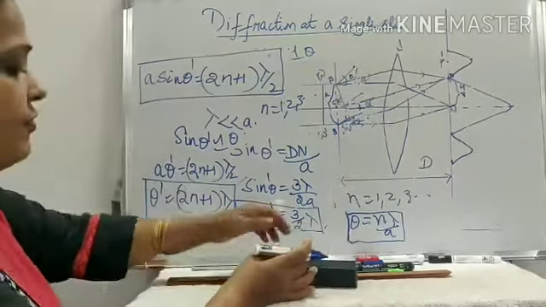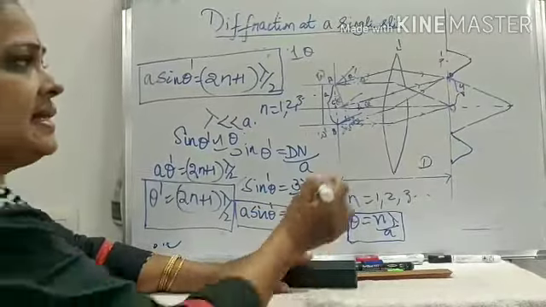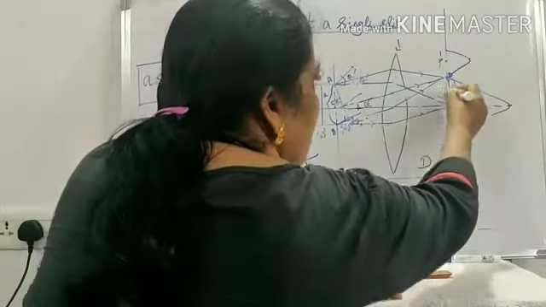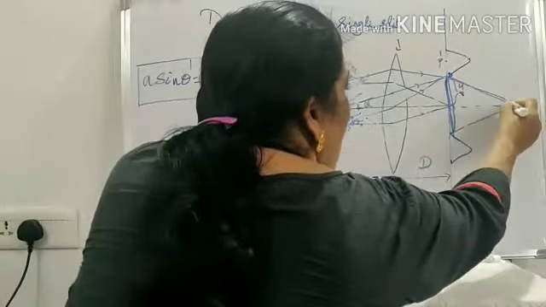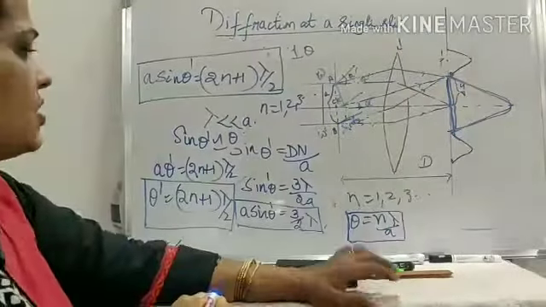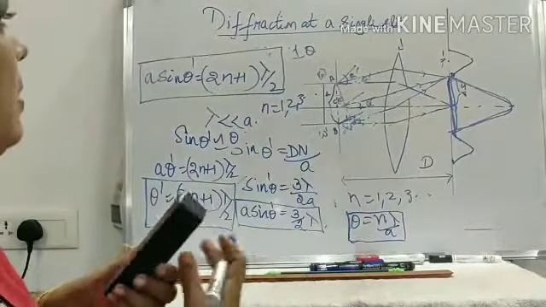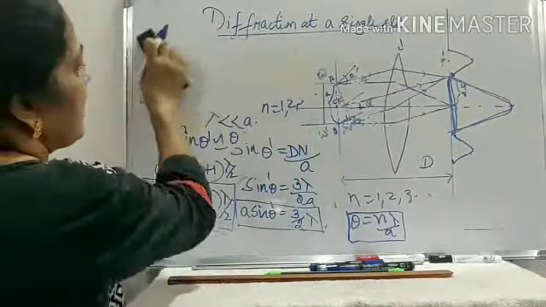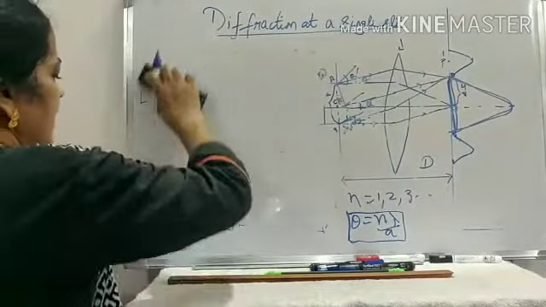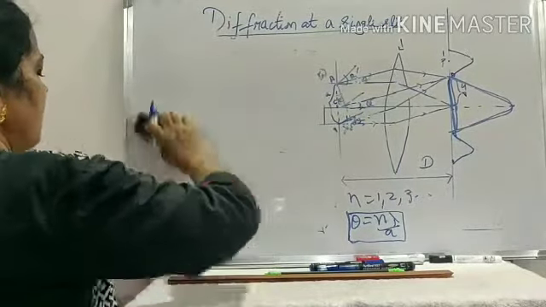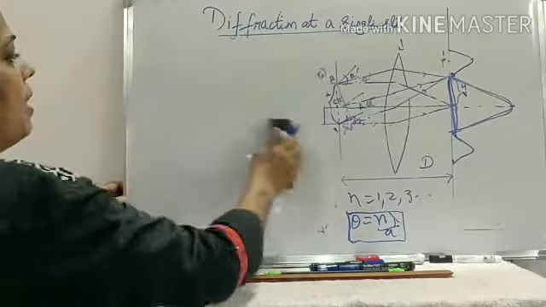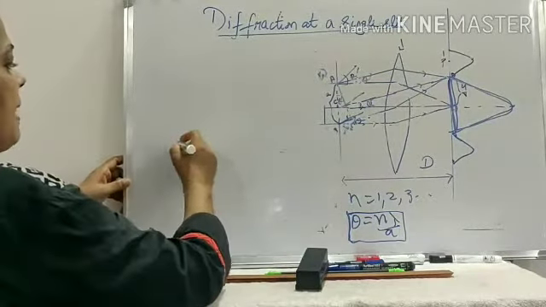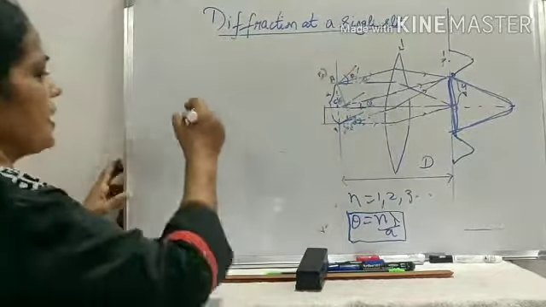Now you have to find out what will be the width of this central maxima. This is the central maxima. What can be the width of the central maxima? The width of the central maxima can be defined as the distance between the first secondary minima on either side of the central maxima. Let me draw this figure once again.